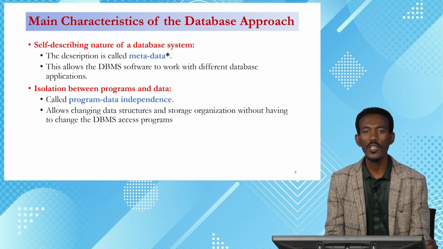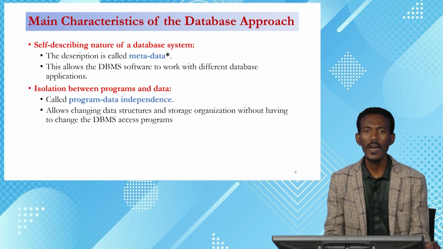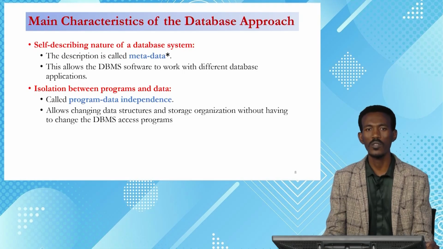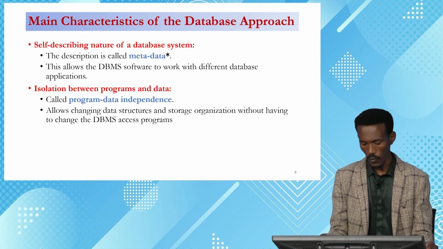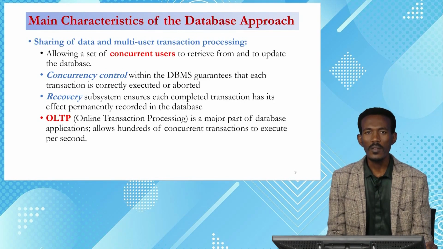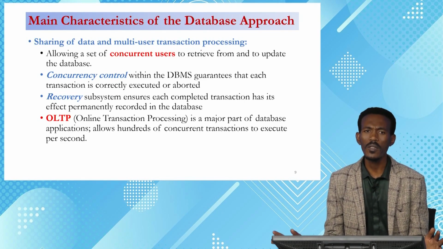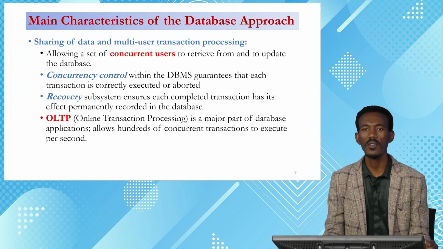Again, isolation between programs and the data. They are already separated. Whatever we perform on data and programs, they are separated. This is also one of the characteristics of the database system. The other thing is sharing of data and multiuser transaction processing. This is also one of the best characteristics of a database.